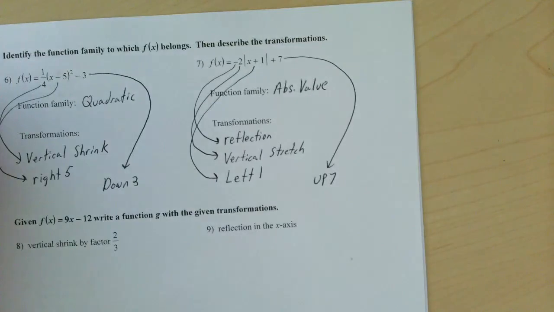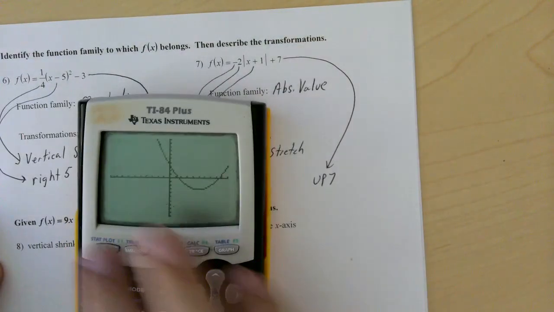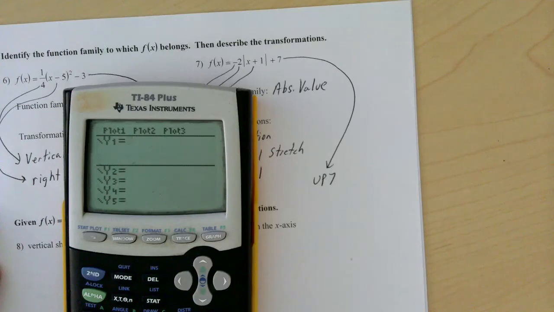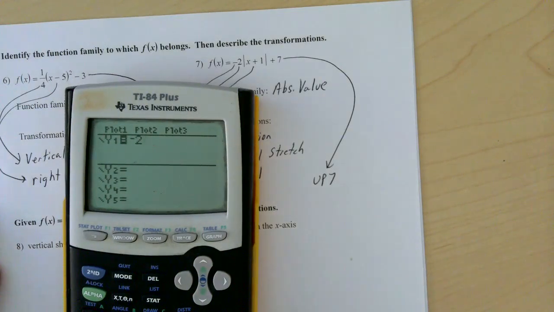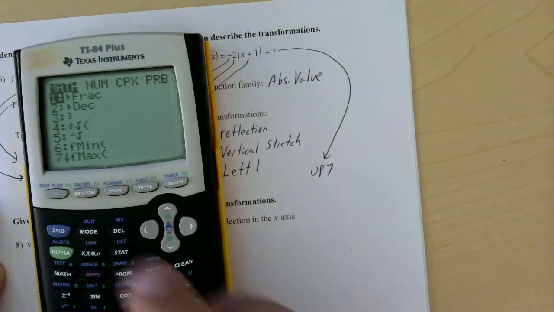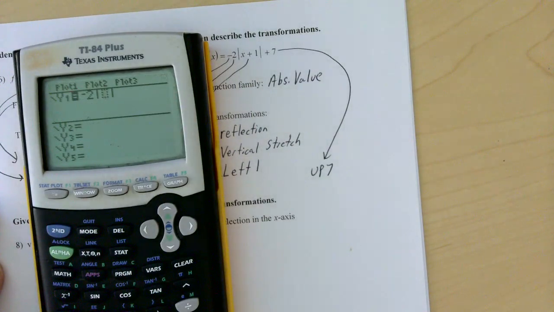So by knowing that, we should know what the graph's going to look like, but I'm going to quickly show you. Okay, I'm going to go to my y equals screen once again. This time I must type in -2. Remember the math key. So I hit the math key, which you can't see. Right there's the math key. And push over, option 1. There's my absolute value bars.